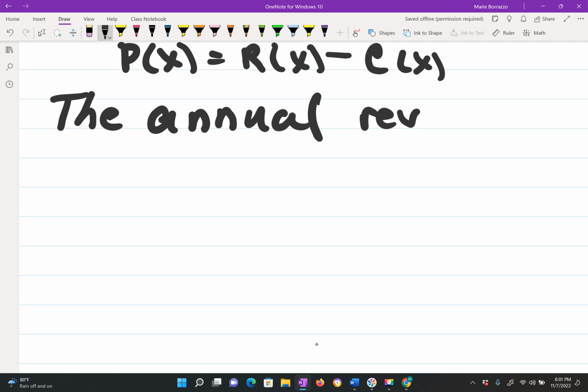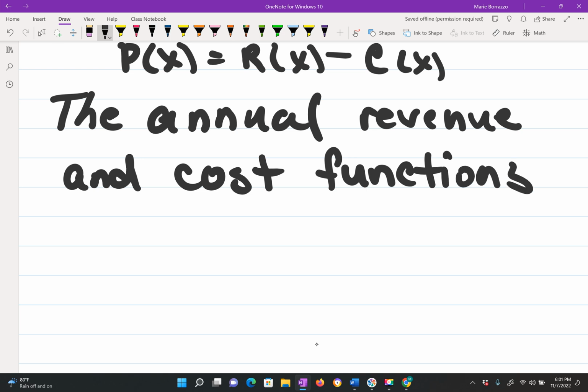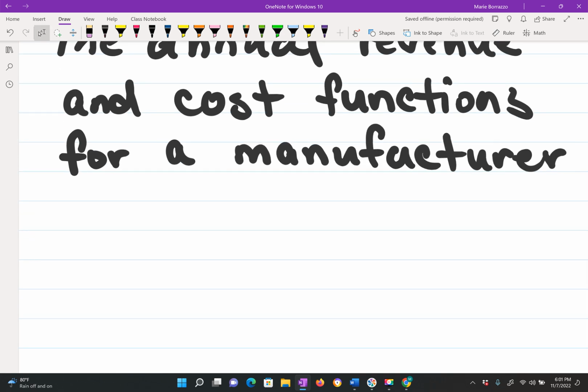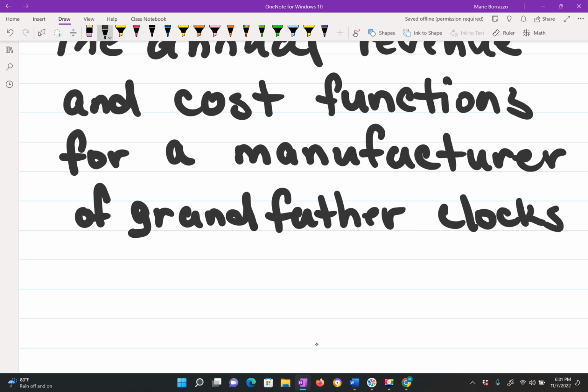So the annual revenue and cost functions for a manufacturer of grandfather clocks are the following.